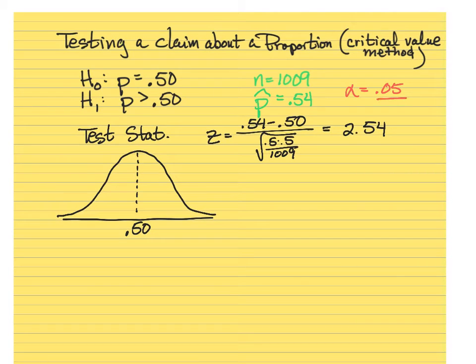Based on the alpha level, we want a boundary so that the area to the right of that boundary is 0.05. This is the setup. We have an area in the right tail that is equal to 0.05, and we want that boundary.